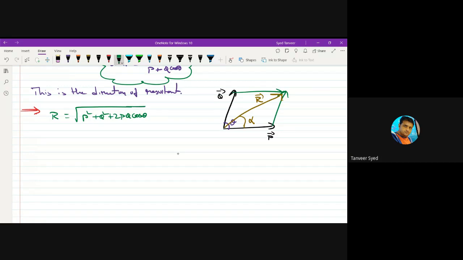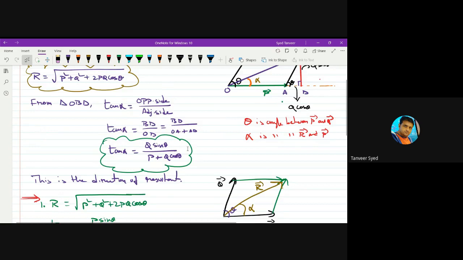And its direction is given by tan alpha equal to Q sin theta by P plus Q cos theta. These are the two things that you should remember.